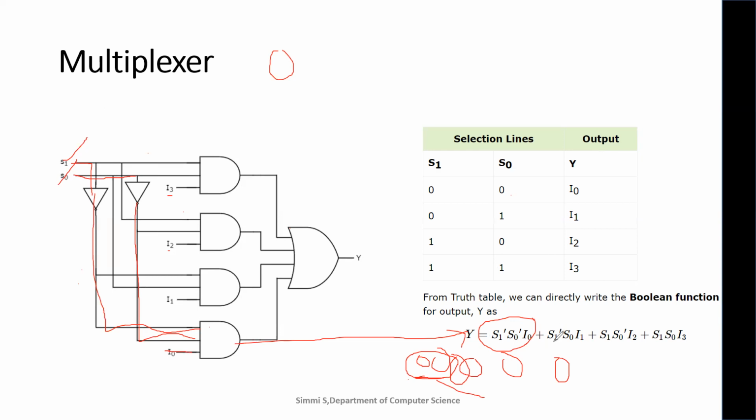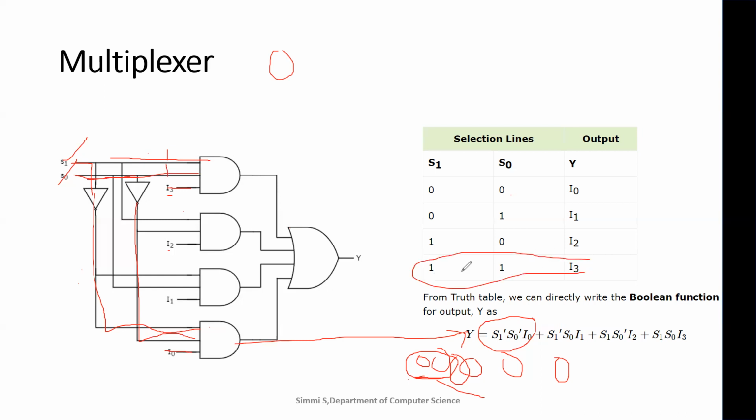Similarly, for each and every Boolean function, we'll be getting a similar kind of circuit. That is, S1 is connected here, S0 is connected here and I3 is connected here. That is 1, 1, I3, which is the combination of this one.